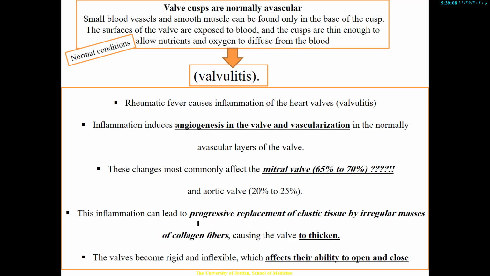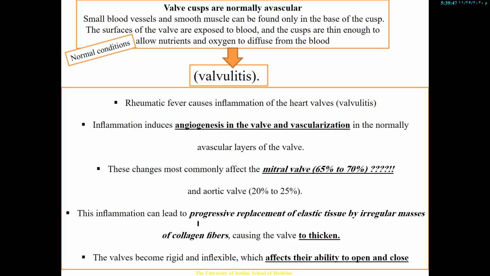So we mentioned that the cusps are avascular except near their bases, and if they get inflamed, they would become vascularized, and the process of angiogenesis would take place. What does this mean? These changes during inflammation most commonly affect the mitral valve, 65 to 70%, and the aortic valve, 20 to 25%.